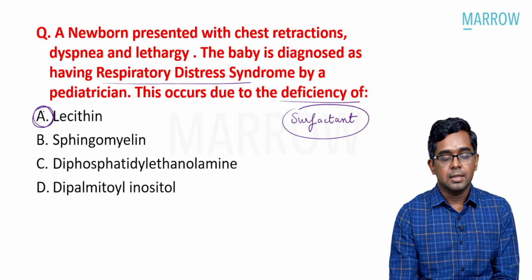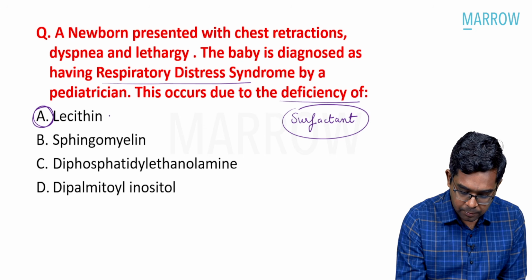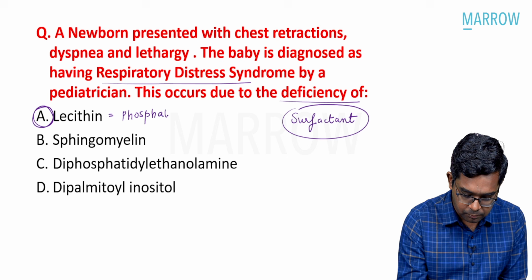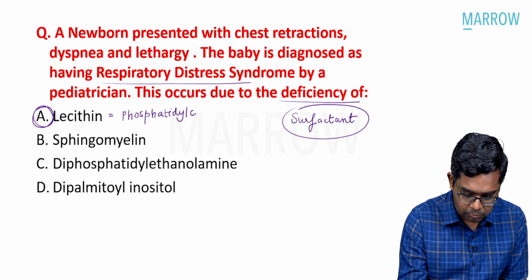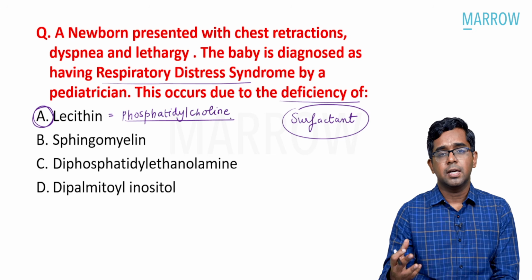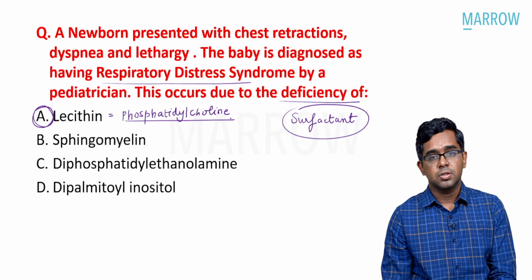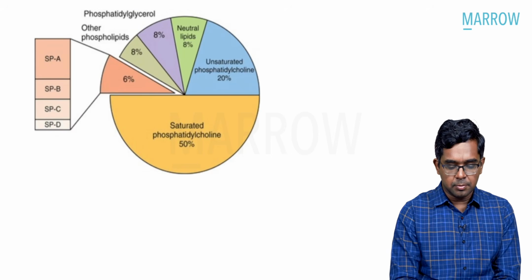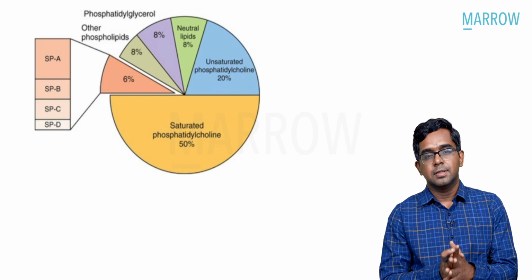Lecithin is also called phosphatidylcholine, which is the most mature form of surfactant, and its deficiency would result in respiratory distress syndrome. Now, please remember this is the composition of surfactant.